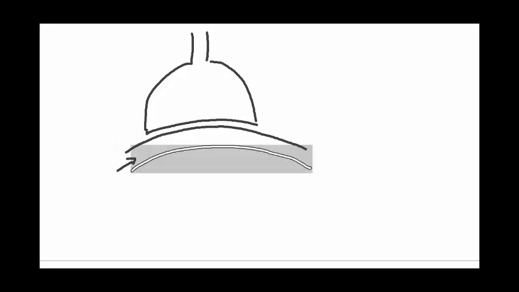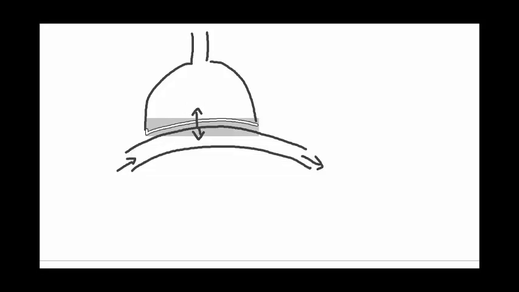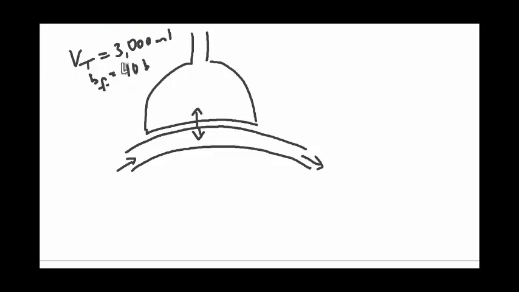So we have blood flow in and out, and we want to have gas exchange between the alveoli and the blood flow. That's our ultimate goal. Now during exercise, let's say my tidal volume has increased to 3,000 milliliters. And breathing frequency, let's say, has increased to 40 breaths per minute.